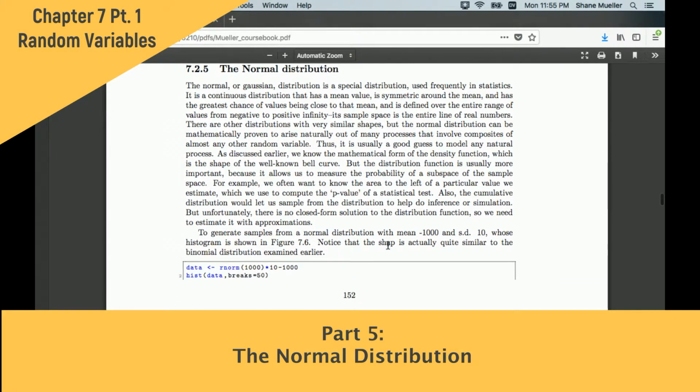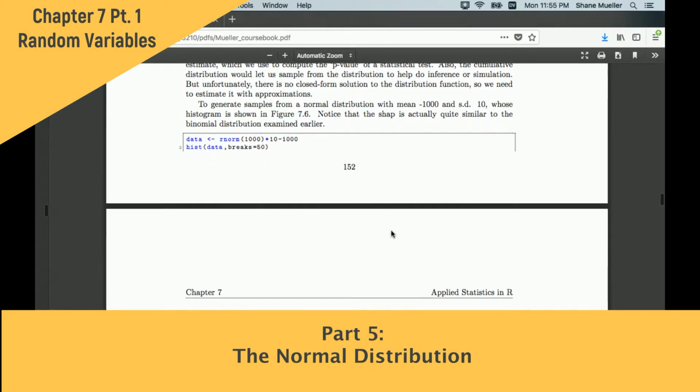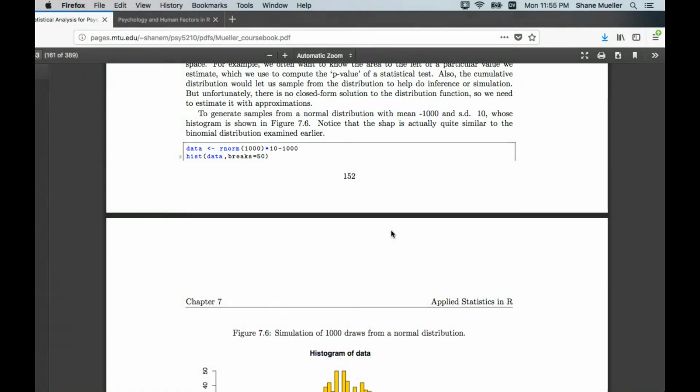And next we have the normal distribution, which is really one of the most popular, commonly used distributions out there for a number of reasons. We can generate random versions of this using the rnorm function.